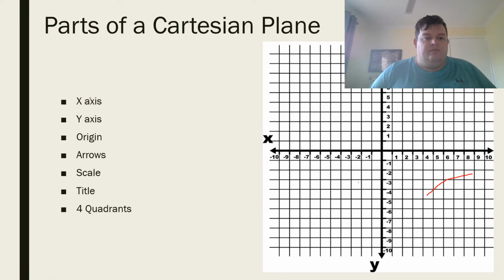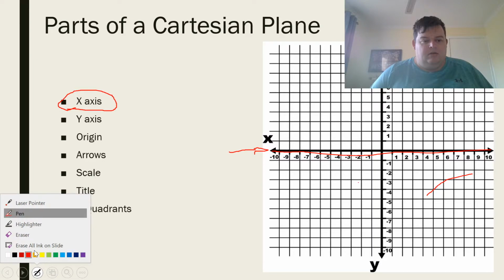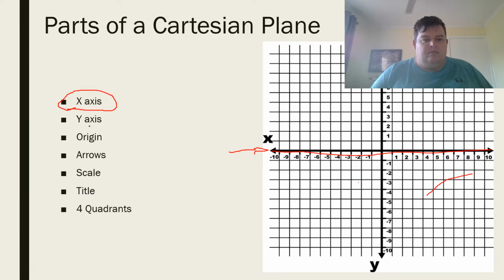Okay, so firstly, the x-axis, right? This axis here, it runs this way, right along. The y-axis is the vertical one, the vertical line that goes up and down there.